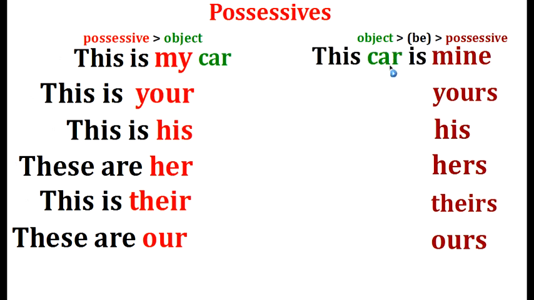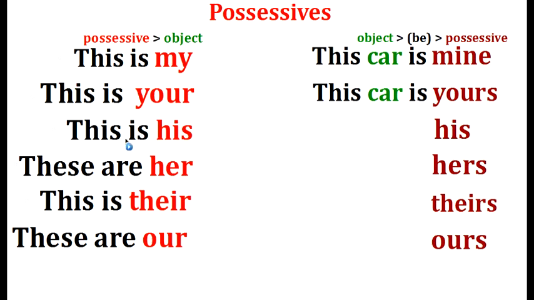And the object is first. Object be possessive. Good. This example, this is your car, or this car is yours. Object be possessive. Remember that S. We finish the sentence with these possessives.